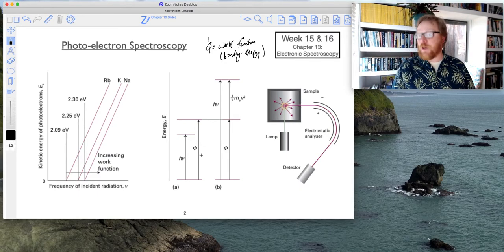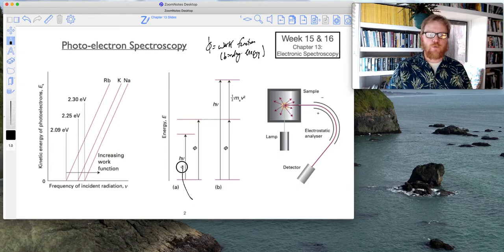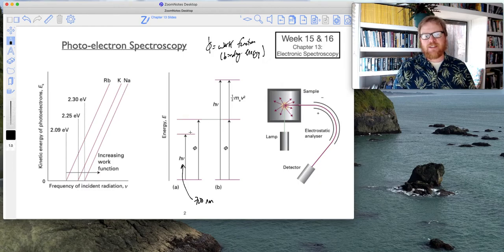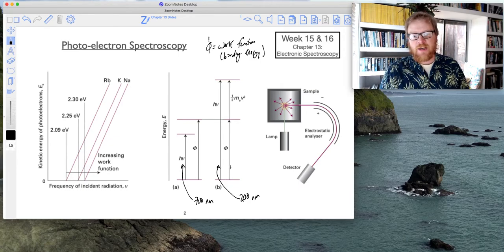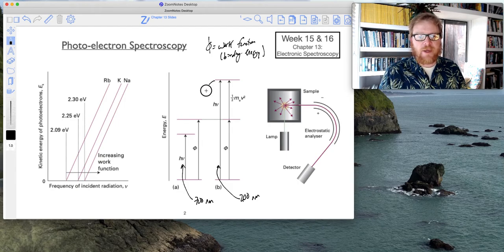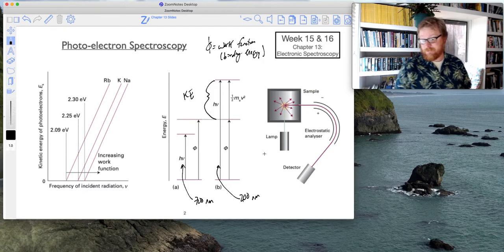And so this is showing you that example, where if we suppose h nu here is 700 nanometers, you can see that's not enough energy to match the work function. However, if, for example, this h nu were 200 nanometers, and of course, assuming the same potassium example, you can see that 200 nanometers not only will be more than enough to induce photoionization, but the excess energy will result in the kinetic energy of the electron.